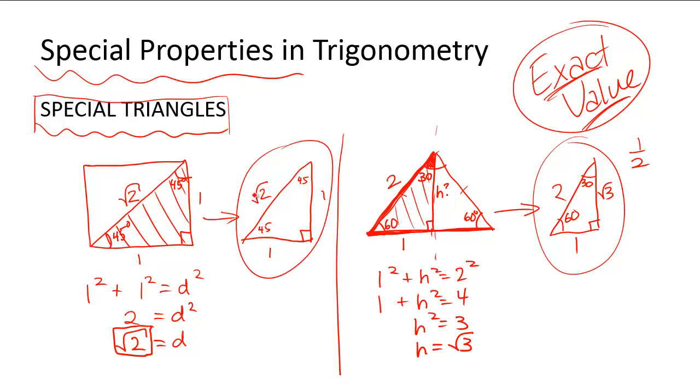These triangles are incredibly important, and the reason why I showed you how to make them is because you can, if in doubt, make them on your own. Remember, the key is half a square or half an equilateral triangle, and you get the special proportions. These are going to be extremely useful.